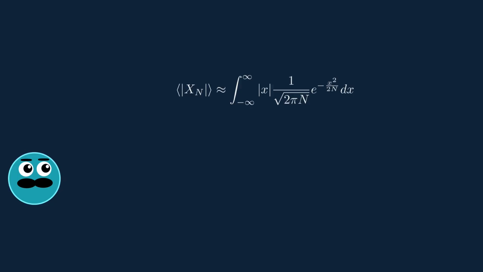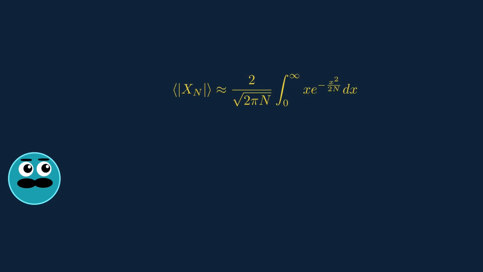This looks a bit scary, but the idea is simple. For every possible final position x, we take its distance from 0, multiply by how likely it is, and add everything together. The integral is just the continuous version of that sum. And since the normal distribution is symmetric, the negative side and positive side give the same contribution. So you can write this. Now, we only need to solve this integral.